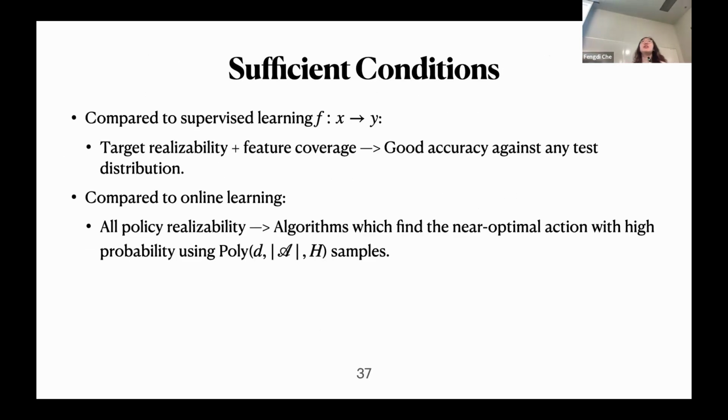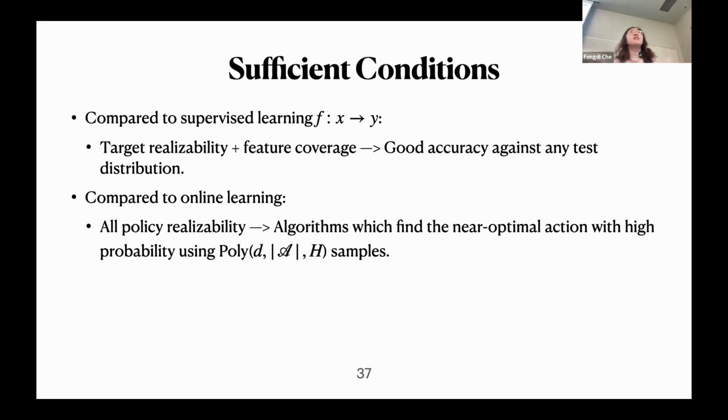And then we want to really read into this result and try to understand why that's the case, because these assumptions are enough for supervised learning. Just under these two assumptions, supervised learning regression can give us good accuracy even under any test distribution, under any distribution shift.